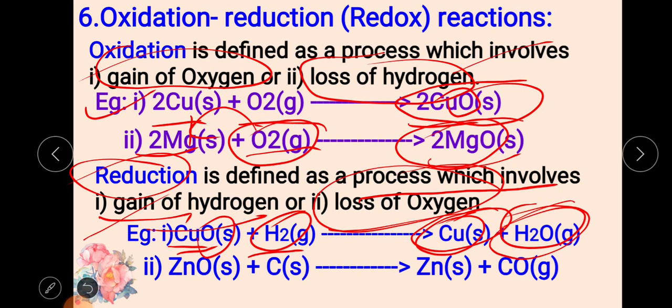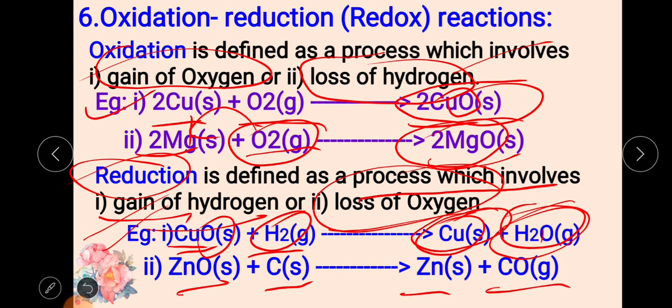In the product we got water. We can't call that oxidation, because we decide oxidation or reduction depending upon the reactants only. Next, zinc oxide reacts with carbon, it gives zinc plus carbon monoxide.